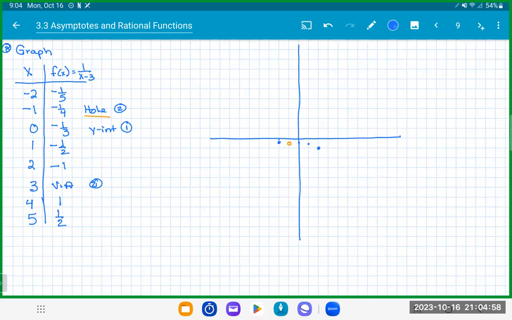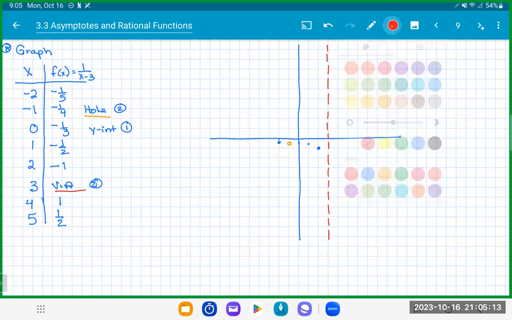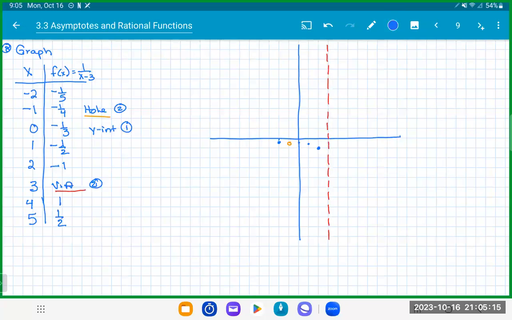I have at 3, this asymptote. Okay. And at 4, I am at 1. And at 5, I am at 1/2.